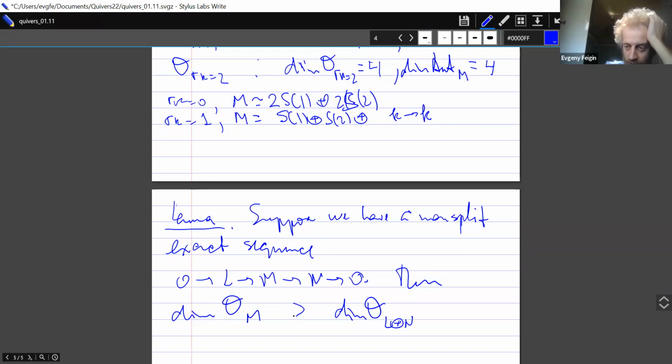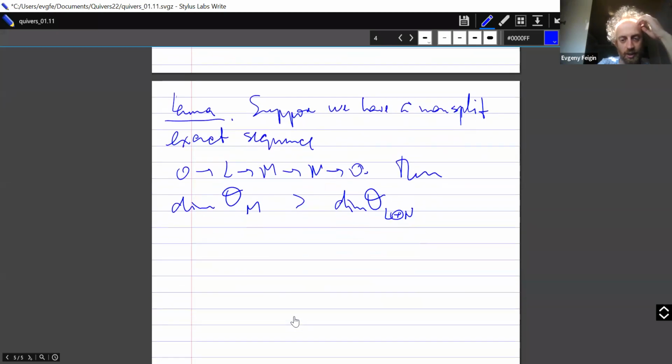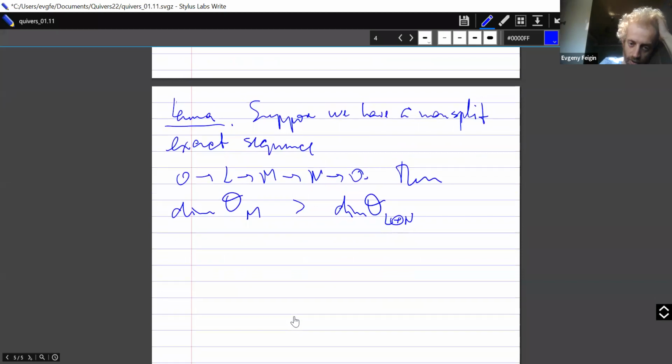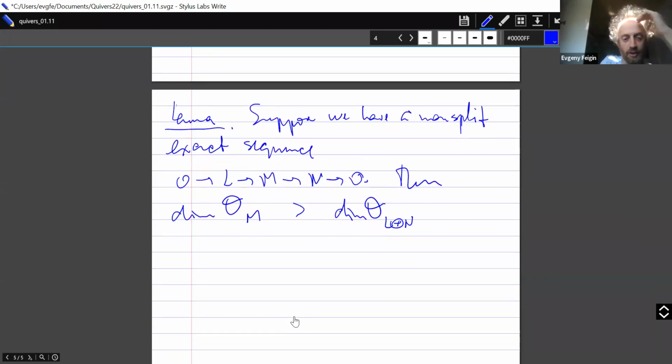Okay. So if true at all, the smallest possible orbit is when all the maps are 0, and this corresponds to the most degenerate representation, with the maximal possible number of indecomposable summands. Okay. So this is our lemma. Good. So let's prove it.